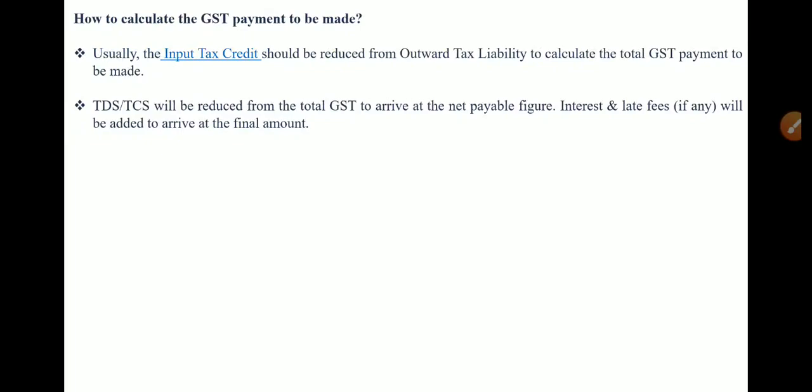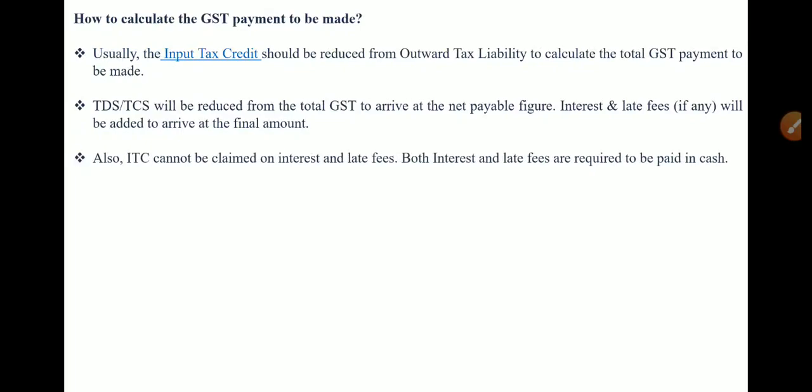First, under total GST, TDS or TCS will be deducted. Then if any interest or late fees is applicable, that will be added to the total GST payable amount. And next, ITC, input tax credit, cannot be claimed on interest and late fees. Both interest and late fees are required to be paid in cash.